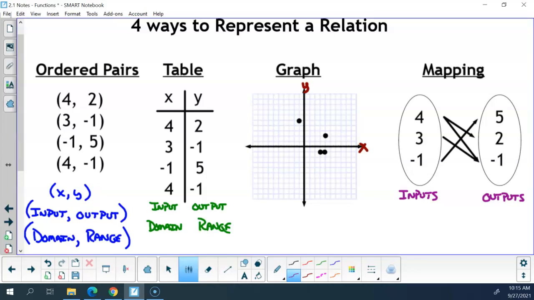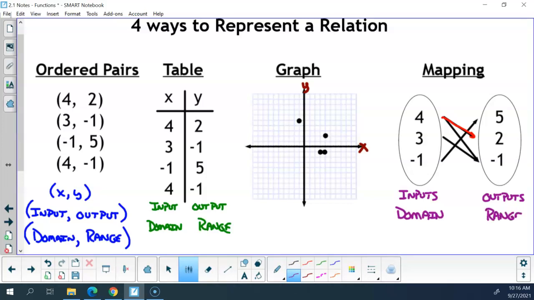So the point 4, 2 would be this one right here, because we've got an arrow coming from the 4 and ending at the 2. So that would be the point 4, 2. Which would also mean that this would be your domain over here, and this would be your range over here.